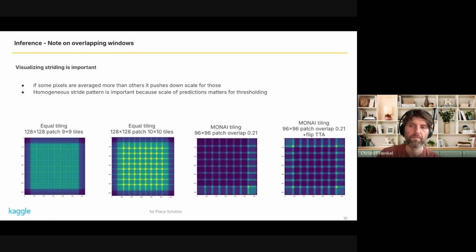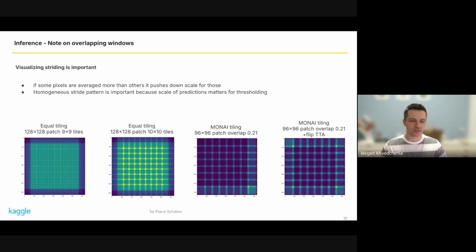I can quickly step in and try to share my understanding. So the idea of doing this overlapping inference is to reduce the variance of the predictions by averaging more and more predictions.